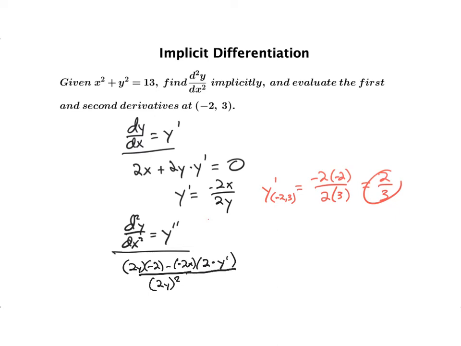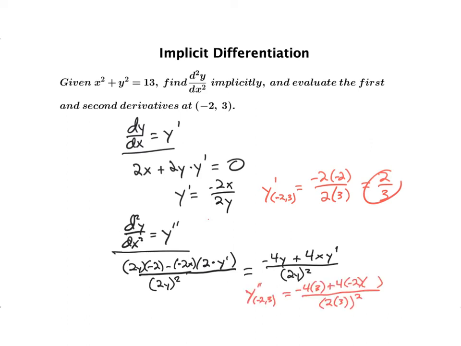And we'll simplify that. And next we will evaluate that second derivative at the point negative 2, 3. So we put into our second derivative, into y, we put 3, and into x, we put negative 2. But we have this y prime here. What do we put into y prime?